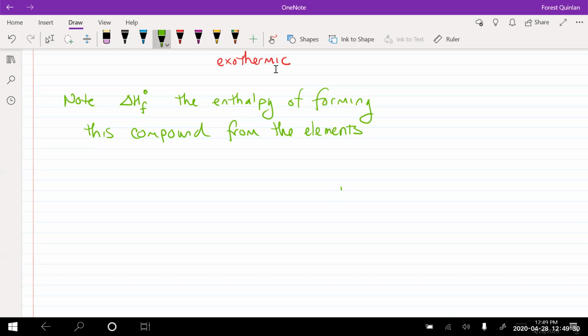What if you're making C2H5OH? Well, our ingredients are going to be carbons, hydrogens, and oxygens.